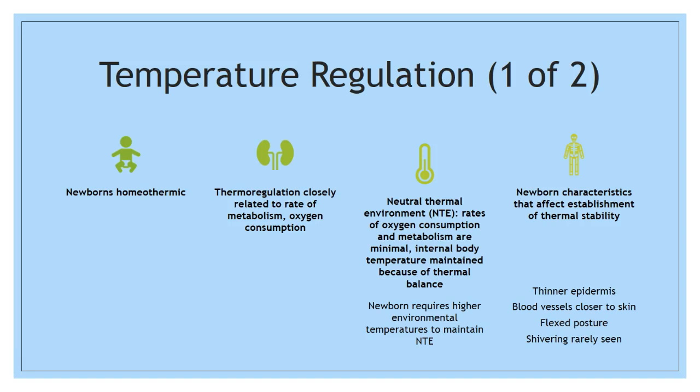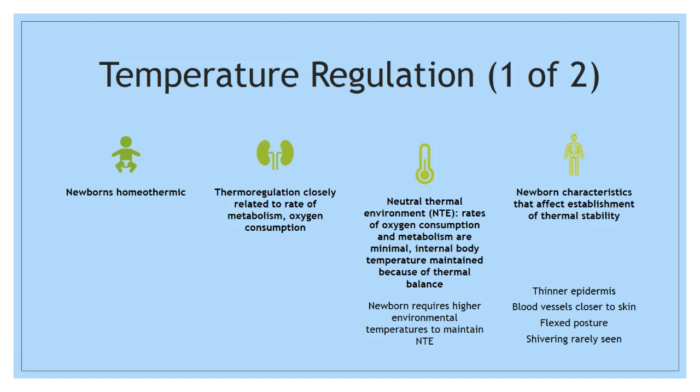So as a newborn increases their basal metabolic rate to keep themselves warm, they also, at the same time, are having to increase their oxygen consumption. And if they can't do that, then they become hypoxic because their respiratory system can't keep up with the demand of their metabolic system.